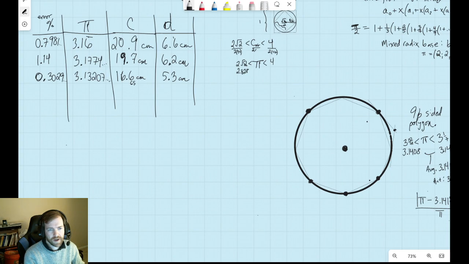Okay, so pi can also be found with some other weird stuff. One of them is called a continued fraction. This actually falls sort of into the same category as that Horner form that we saw earlier.